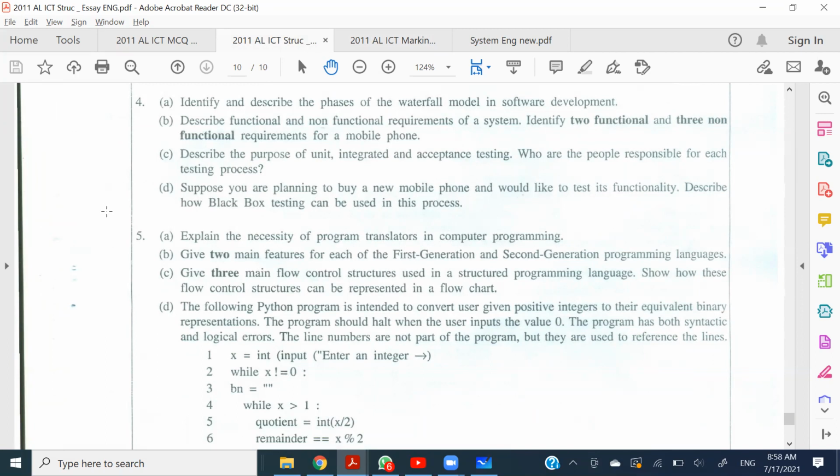So if it is a new mobile phone, the functionalities that we are mainly focused on are taking a phone call or sending a message, right? So you can go with either of the scenarios, right? So you can say the test that you are going to carry out is checking whether a particular phone call can be made, right?